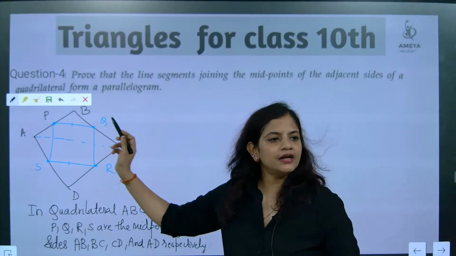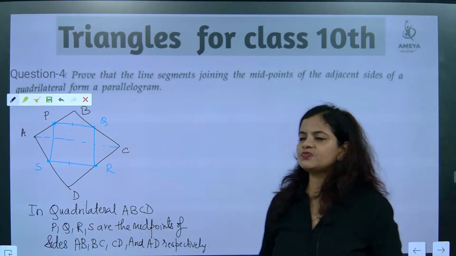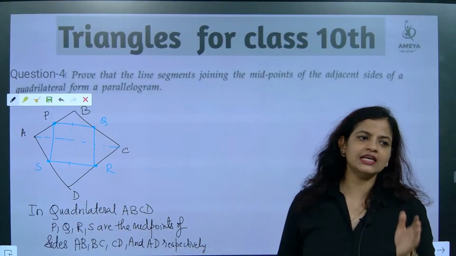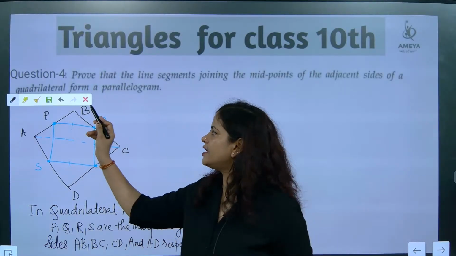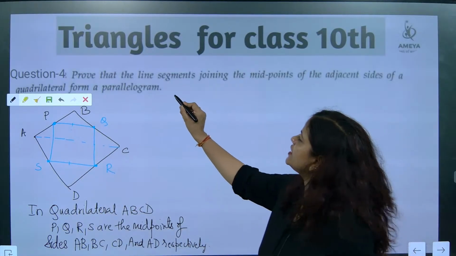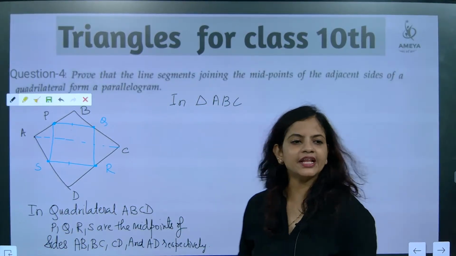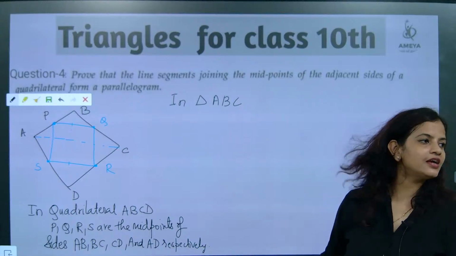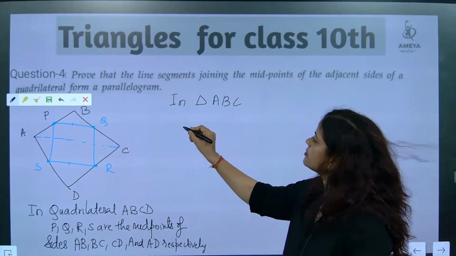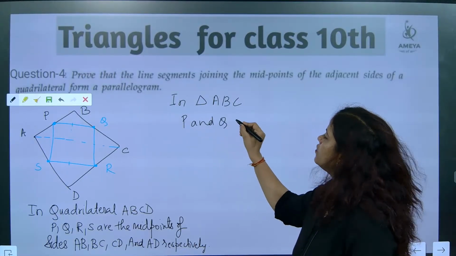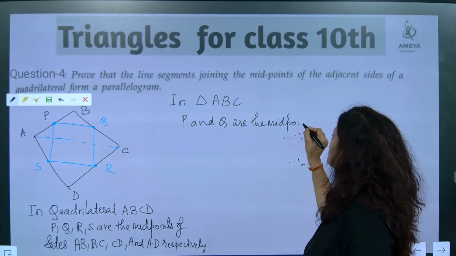So now here, beta, P, Q, R, S are what? Midpoints of corresponding sides AB, BC, CD and AD. Okay. Now we will first take triangle ABC. So first in triangle ABC, P and Q are the midpoints.